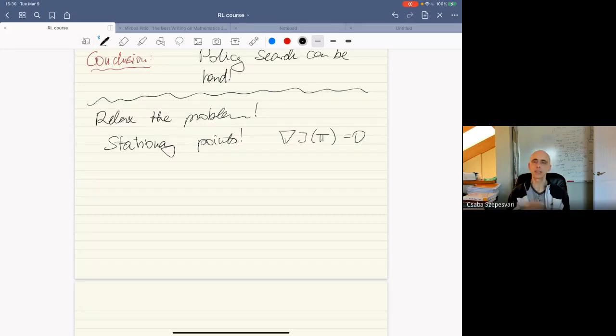So you can imagine, remember that we are in a finite state action pair case, so the finite MDP case. So in that case, pi is just like this big vector. So you can just take the gradient with respect to this objective. And if you see that the gradient is equal to 0, then you're good.